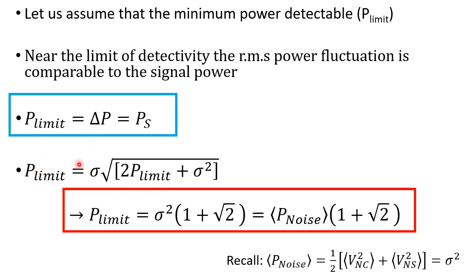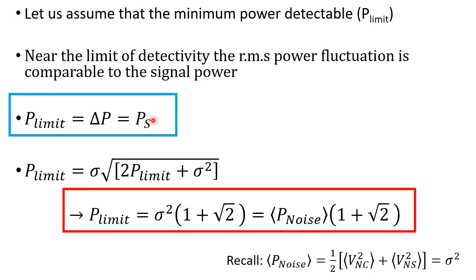And I can rearrange this, and you will get a quadratic equation, in which the solution where you add up noise is the one you will pick up. You see that P limit, the minimum limit of the power which I can detect, depends on the sigma square, and it is 1 plus square root 2.